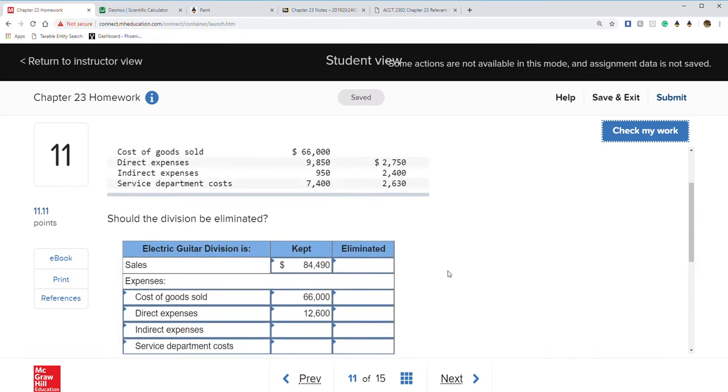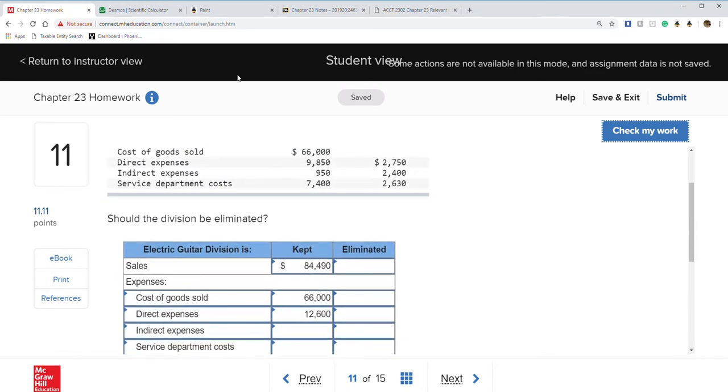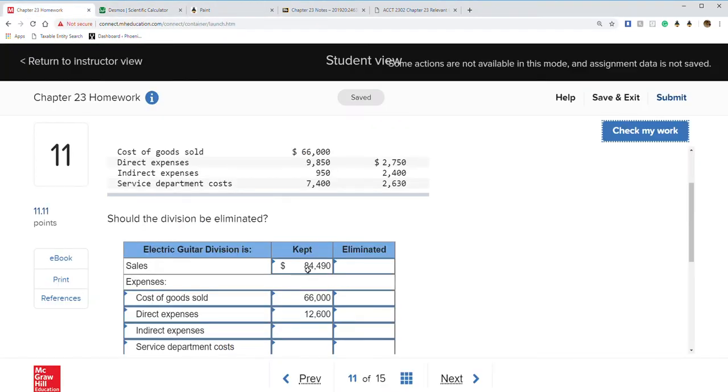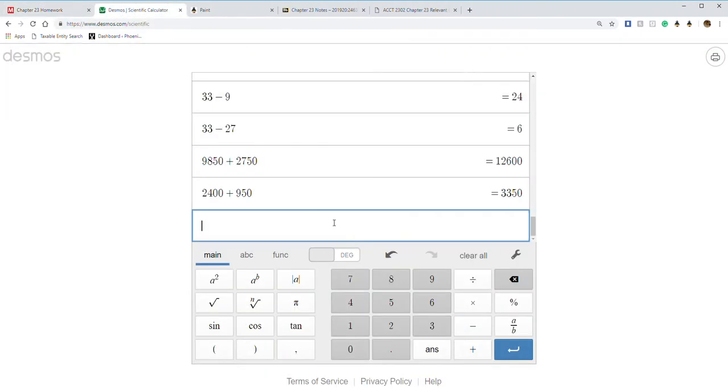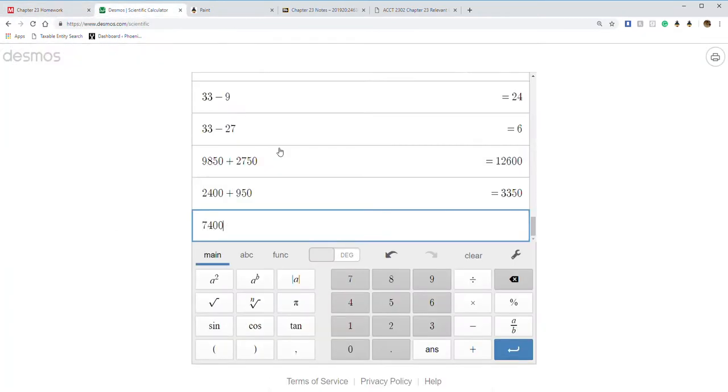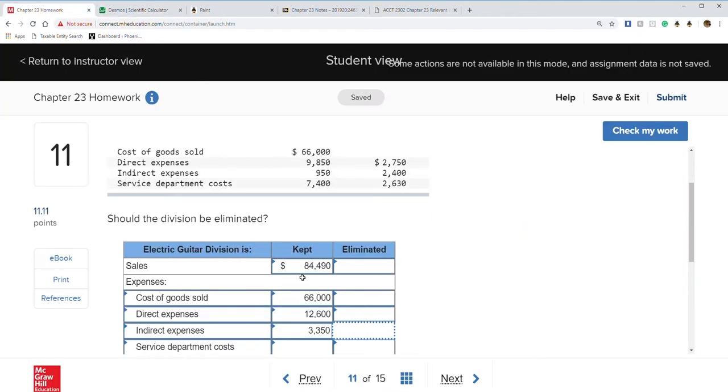Okay. So again, we gotta get to our total. So 2,400 plus 950, 3,350, and then last 7,400 to 630. Oops, 400. And that's 1,030.